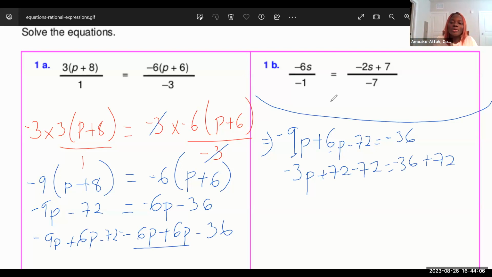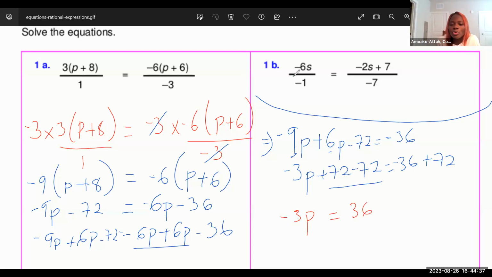All right. Are we okay? Great. So in this case, this and this become 0 because 72 minus 72 is 0. That was the focus, to get rid of that. So now we have negative 3p equals, what is negative 36 plus 72? I think it's negative 36, right? Oh, sorry, that is positive 36.